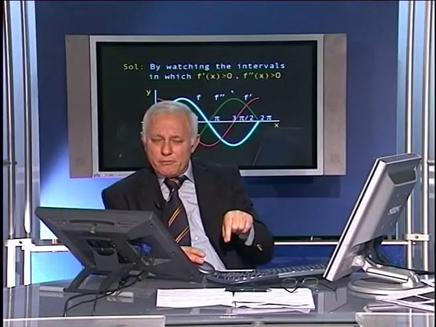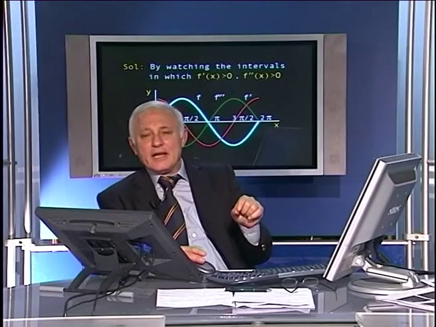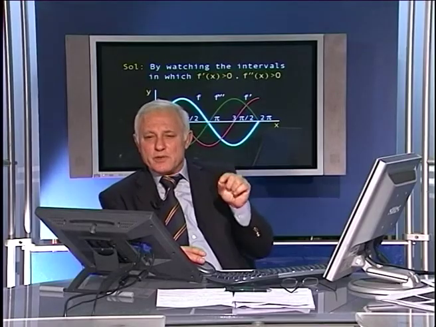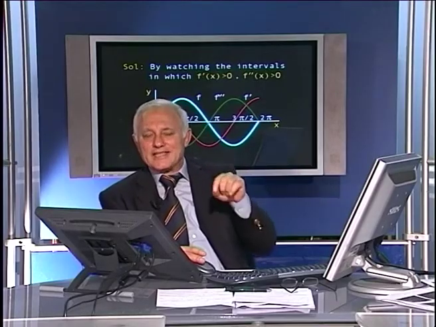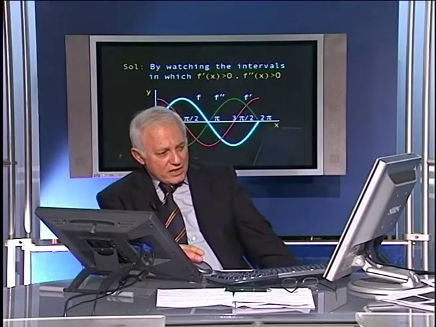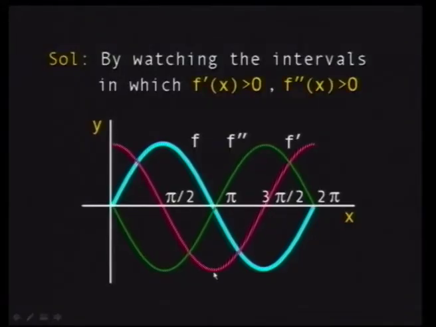It was the point at which your speed was minimum, and then you start to speed up. So this point at which your speed, which is the first derivative, has a local minimum or maximum, is the same point at which you have an inflection point.